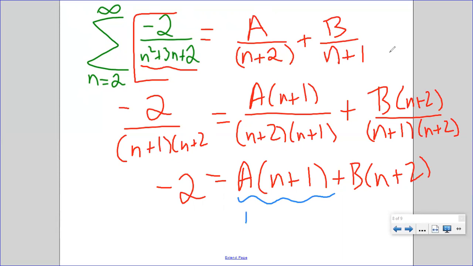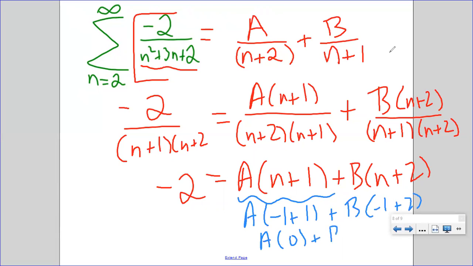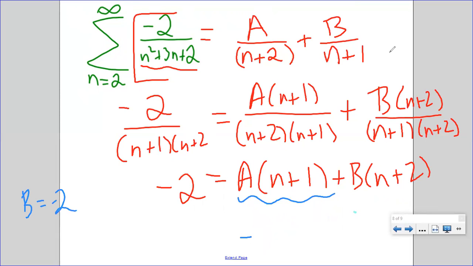So if n is -1, it'd be a times -1 plus 1, which is a times 0, plus b times -1 plus 2, so just b. b is -2. That's great. All right, let's do the same thing for a. What do we want to plug in here?